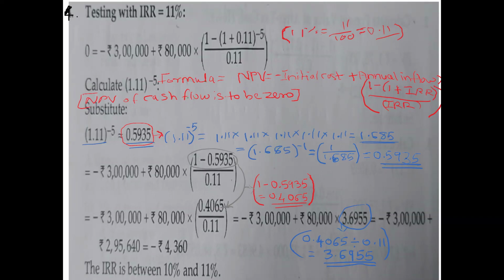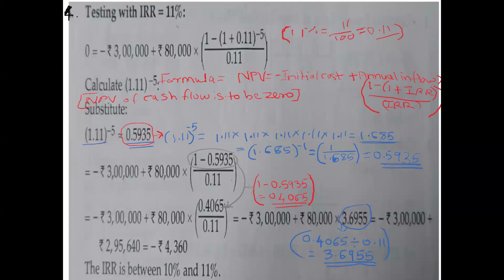3.6955, is equal to minus 3 lakhs plus, we have now first multiplied. So 80,000 into 3.6955, the answer is 295,640.